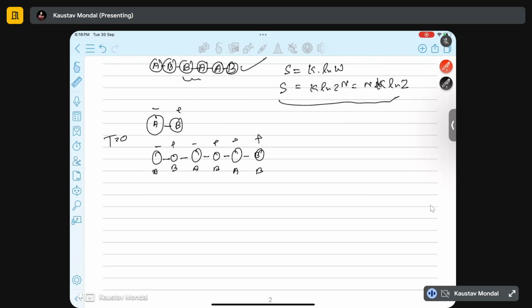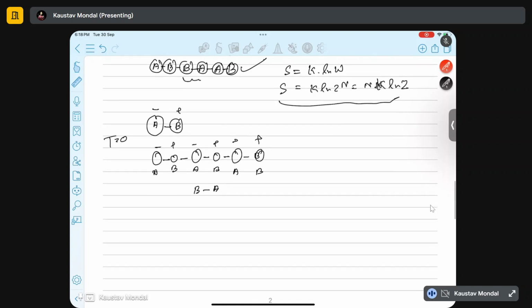Now because of this introduction of higher electronegativity and lower electronegativity, and this concept of polarization, if you make the configuration BA instead of AB, that means the plus will have to come closer to this plus molecule, and the negative will have to come closer to this negative molecule, right? Which makes the total energy of the system higher. So this opposite configuration comes at a cost of energy, which is not permissible.